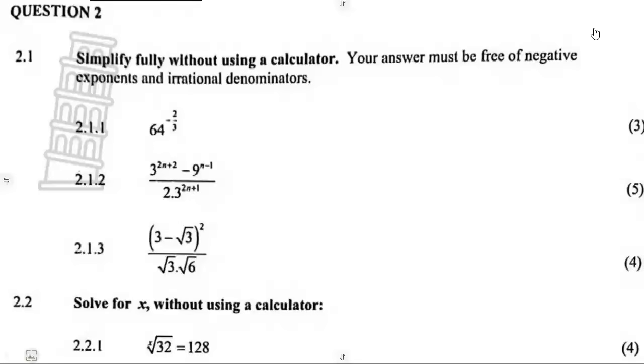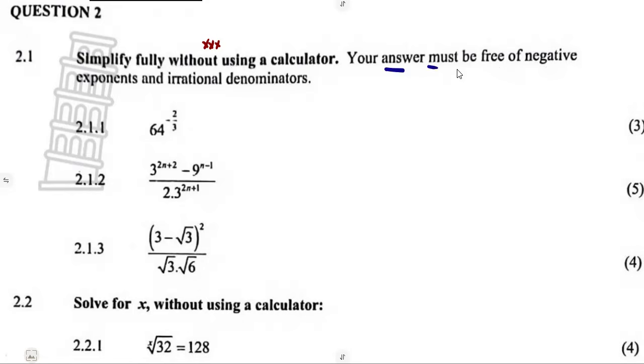So if we are to consider the second question, we are given to simplify fully without using a calculator. Your answer must be free of negative exponents. So take note. Yes, you're being told without using a calculator, but also take note of the instruction thereafter.